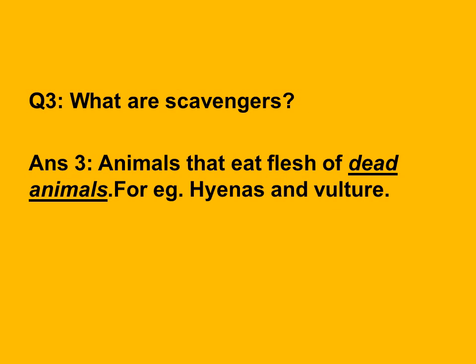They do not go for hunting. Rather, they depend on the remains of the dead animals that are left by a carnivore animal or an already dead animal that is lying there. They themselves do not hunt another animal. So this is the main keyword, that they eat the flesh of dead animals, not live ones. Remember.